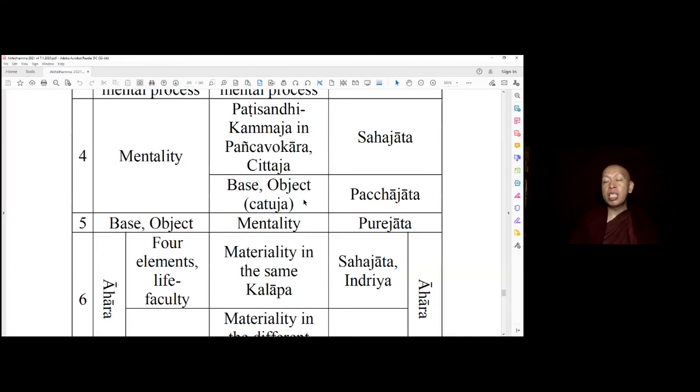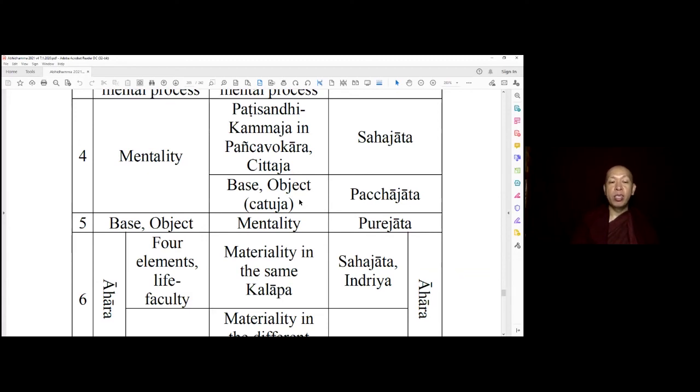It can be Pacchajata type, meaning post-nascence. That means mentality will be the cause. It arises later and can support preceding materialities, rupas. It's called Pacchajata type.